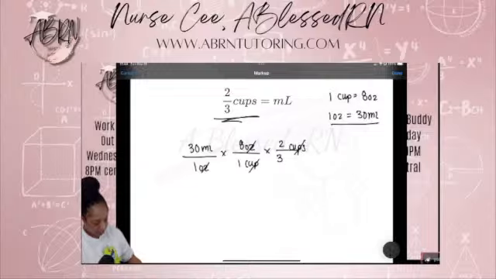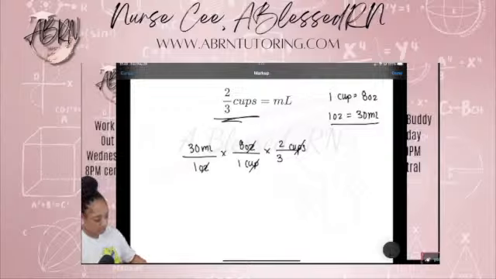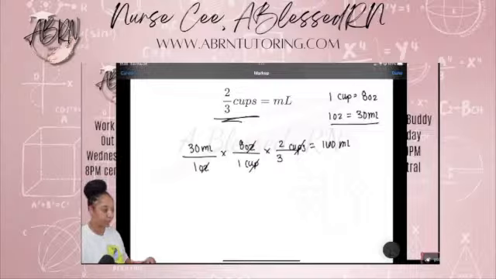Cups cross out. That means we'll multiply all of our numbers across the top, and then divide by the number on the bottom. So 30 times 8 times 2 divided by 3. And that'll be a 160 ml amount. Okay?